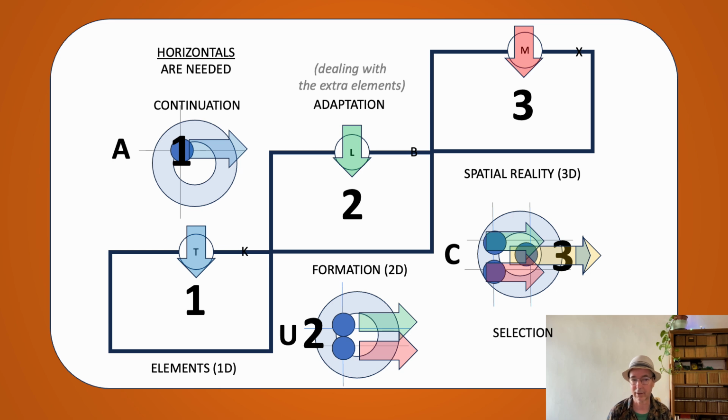It's the next letter after the K. But here you simply show what works and what does not, and that's how you can continue. That's the adaptation. After the continuation, it's already the adaptation.